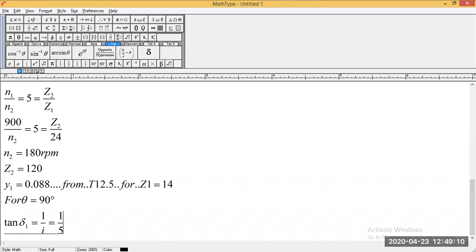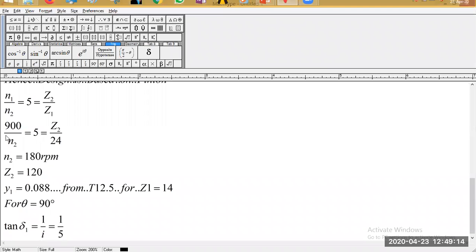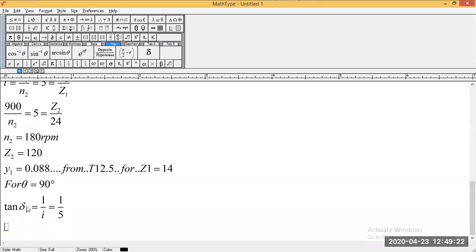Let me put this here also so that you're not confused. I is nothing but the velocity ratio. So from this we can come to know about delta 1.